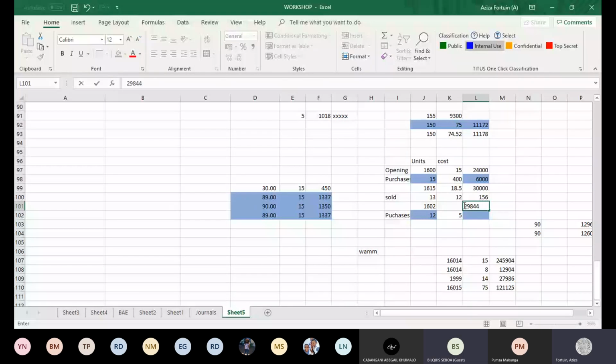29,844 divided by 1602 gives me 18.62 Rand.